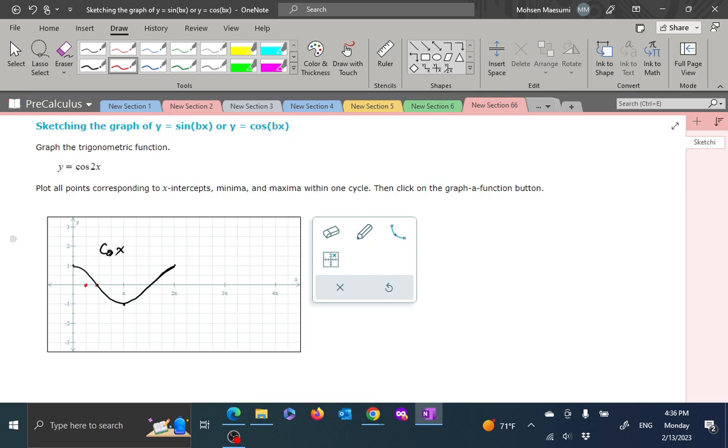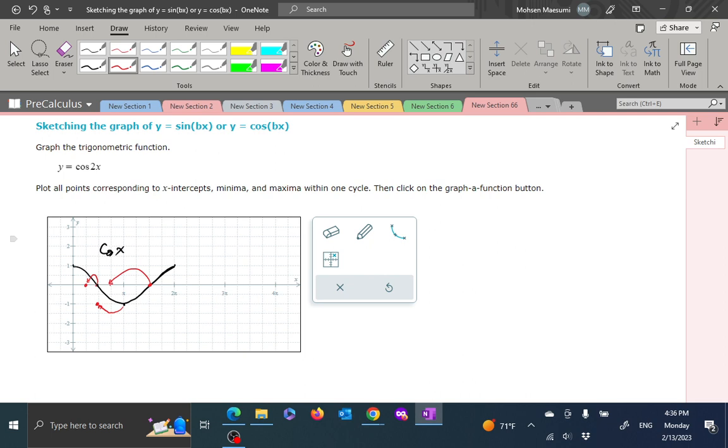This one that was happening at pi is going to happen at pi over 2. This one happening at 3 pi over 2 is going to happen at 3 pi over 4. 3 pi over 4 is here. This one was happening at 2 pi. And that is going to happen at pi.